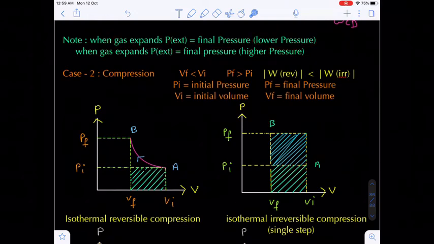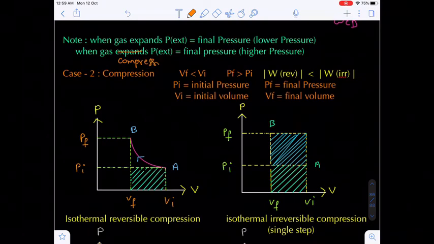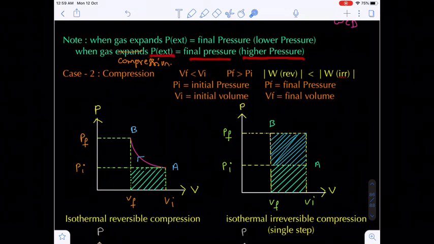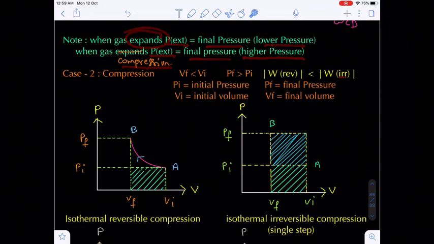Suppose the gas undergoes compression. When the gas undergoes compression, what happens? The final pressure will be the higher pressure. The higher pressure will be the final pressure, which is the external pressure in compression, and the lower final pressure is the P external in case of expansion. Okay, this is very important.